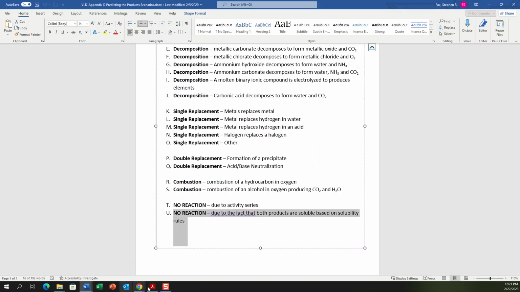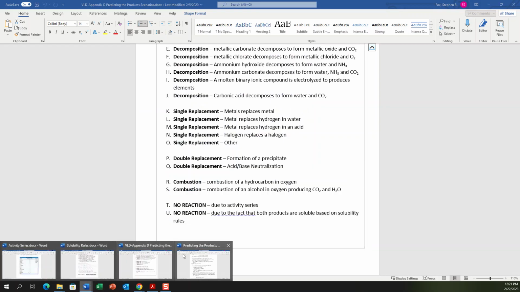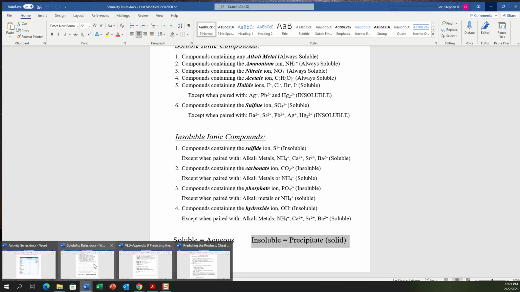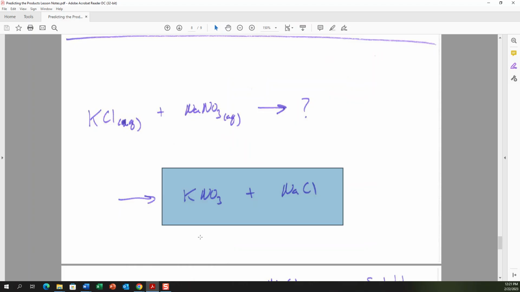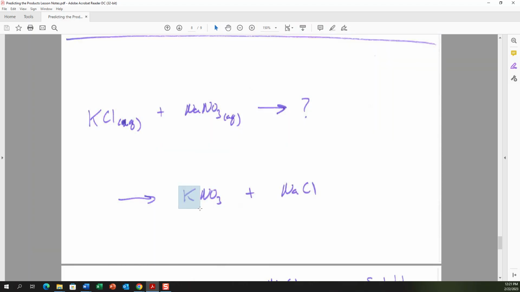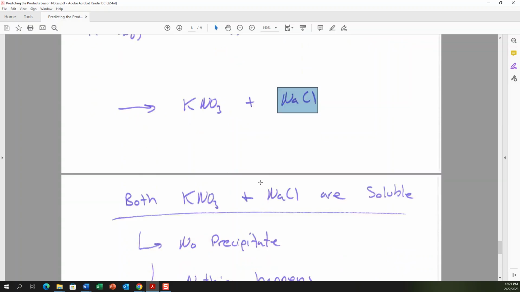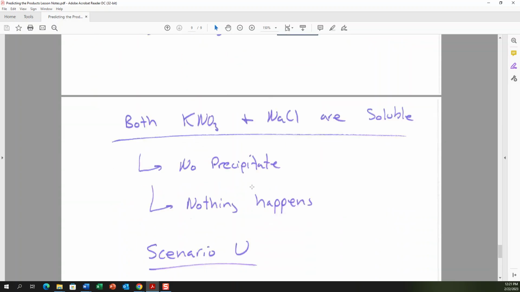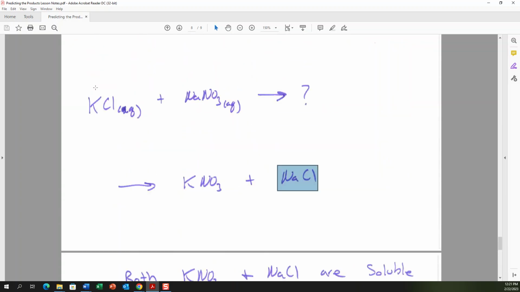So if we check our solubility rules, remember, just solubility rule number 1, alkali metal compounds are soluble. So here's an alkali metal compound, soluble. Here's an alkali metal compound, soluble. So both of these compounds are soluble. You're not going to get a precipitate. No precipitate, nothing happens. What it would look like is this just looks like water.